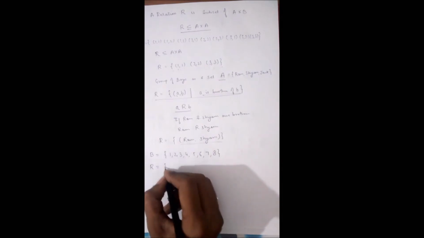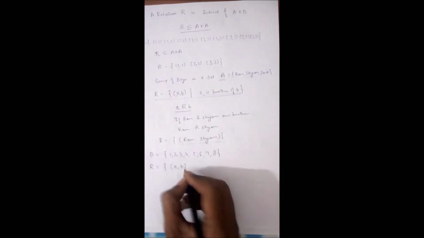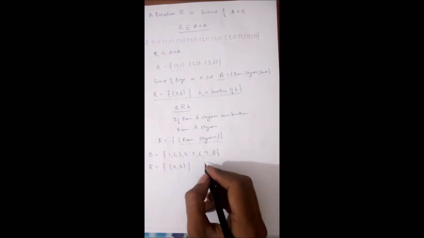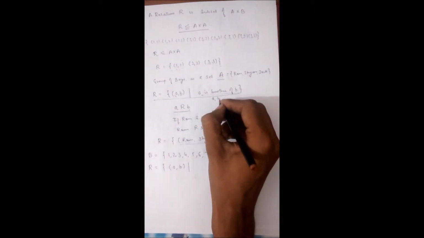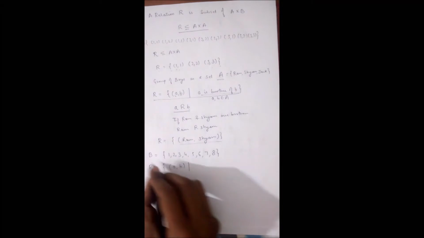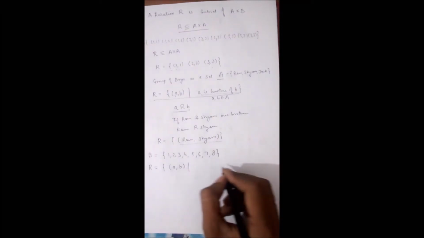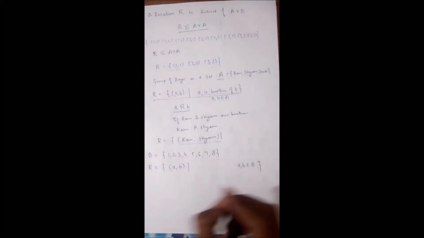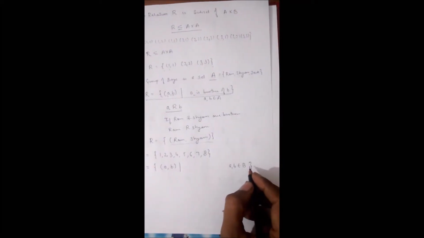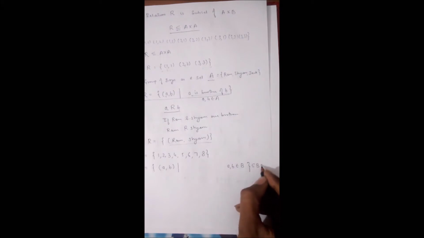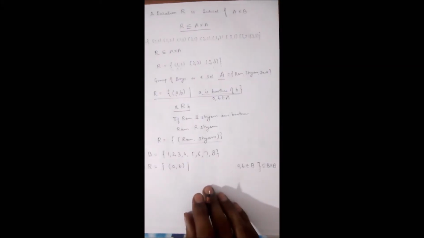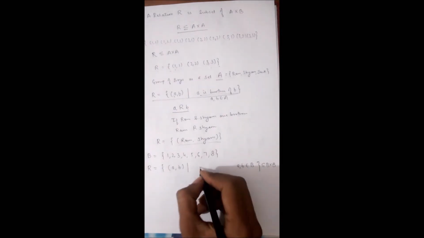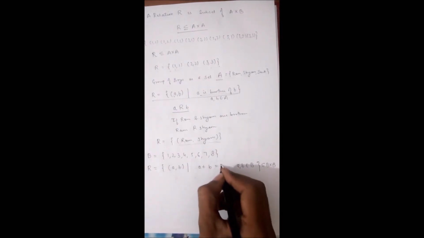Now I define my relation R as all those elements (A, B), of course both belonging to the set B, because in this case my R will be a subset of B cross B. Okay. So what is the condition? Condition is that A plus B should be equal to 10. This is how I define my relation.